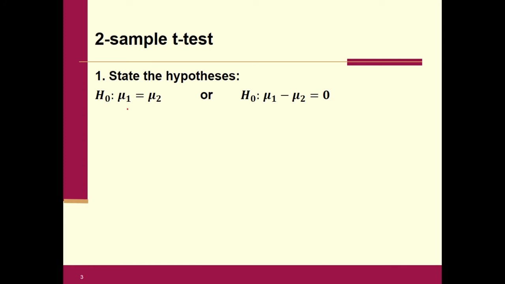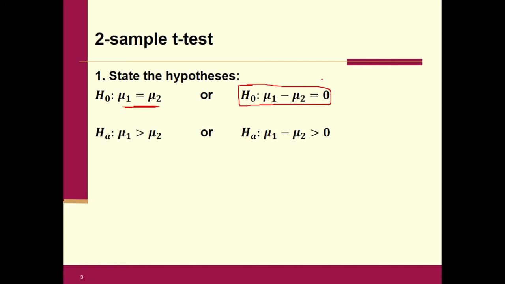Now, most people like to write it this way, and that's fine. However, there's a benefit for seeing it like this at least, and you'll see why later on. That's why I rewrote it as mu1 minus mu2. The alternative, you have your choice. You have to read closely into the problem to figure out what to put.